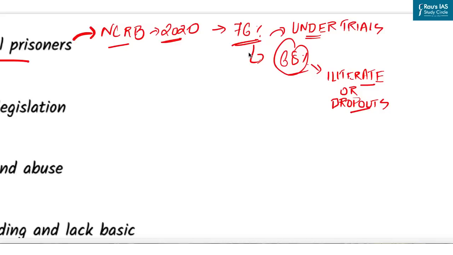Among the under trials, 20% were Muslims, while about 73% were Dalits, tribals, or OBCs. And most of them are poor and illiterate. They are unable to furnish bail for their release, are not made aware about their legal rights. That is, right to bail, right to free legal aid.